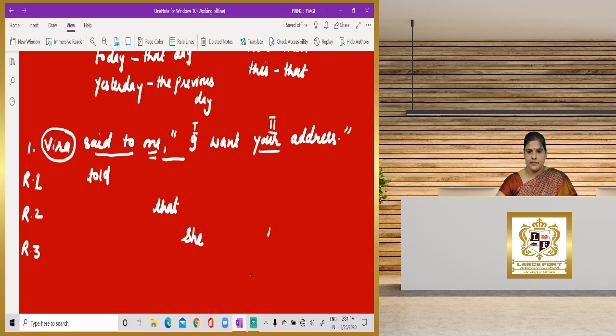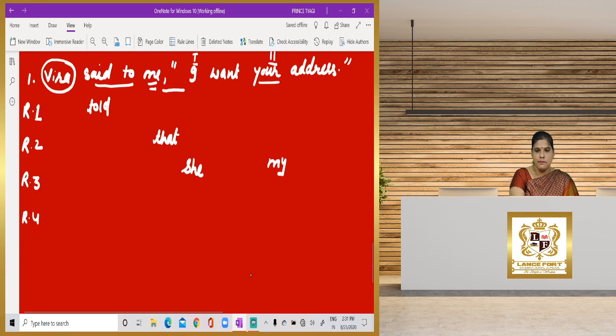My. Now rule number 4, we will change the tense. Here it is simple present. It will be changed into simple past, that means want changes into wanted. And rule number 5, there is no specific time or place, so we will not change.